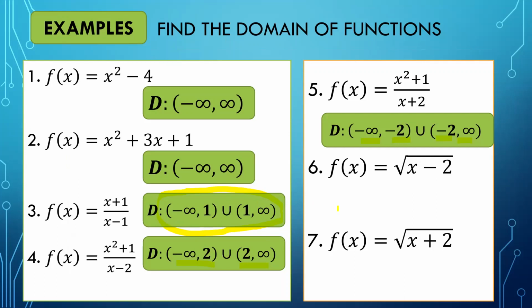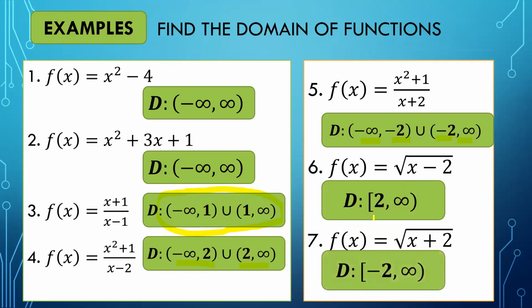The next, we have number 6. f of x is equal to the square root of x minus 2. So the domain is from closed interval 2 to positive infinity. Then for number 7, we have closed interval negative 2 to positive infinity.